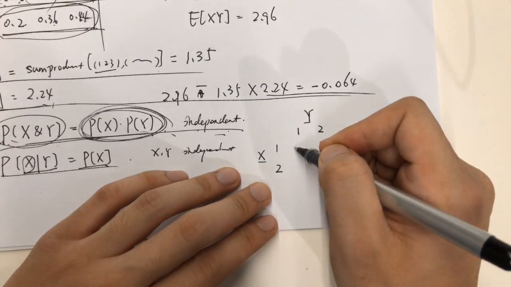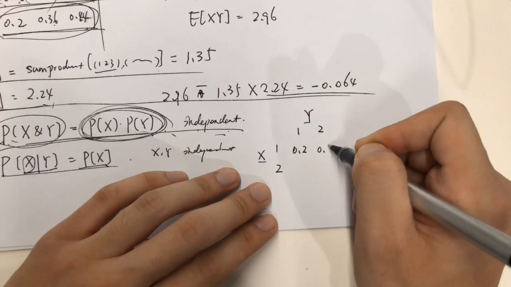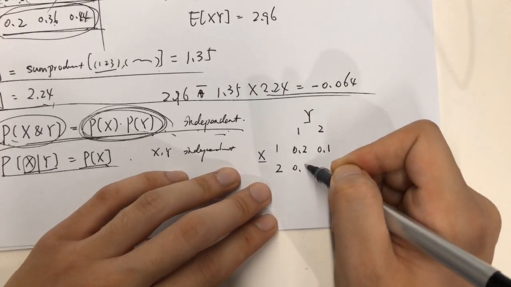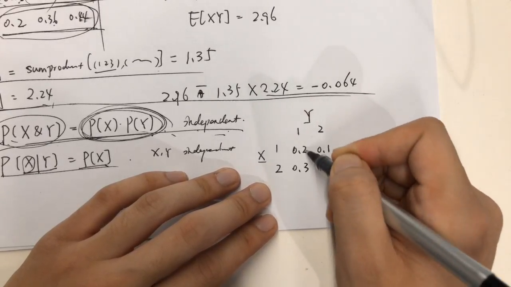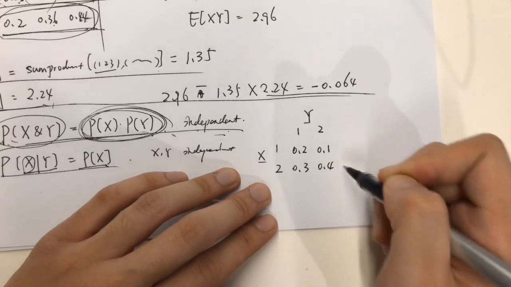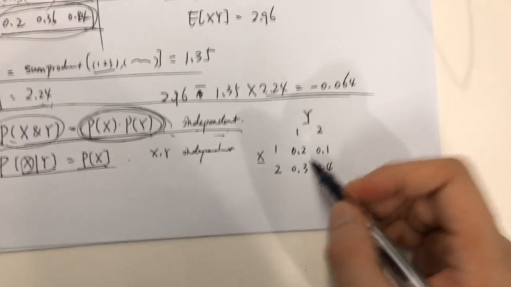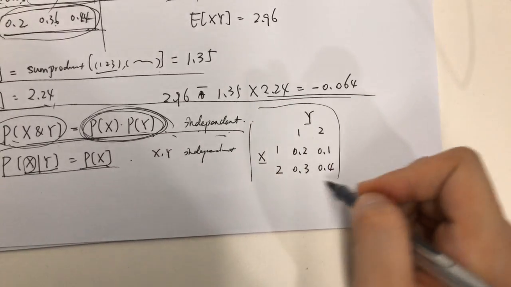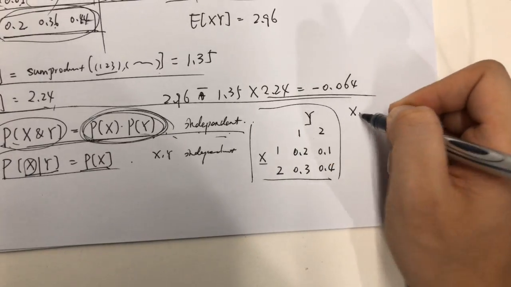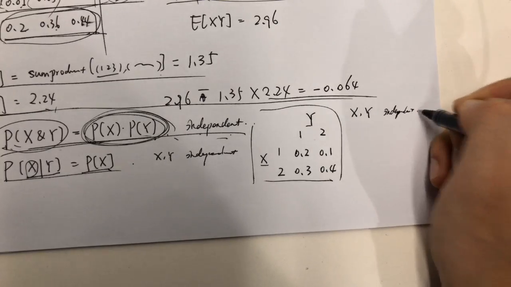So let's make up some numbers: 0.2, 0.1, 0.3, and 0.4, which add up to 1. So if we are given this kind of bivariate distribution, and we are asked if x and y are independent or not, okay?